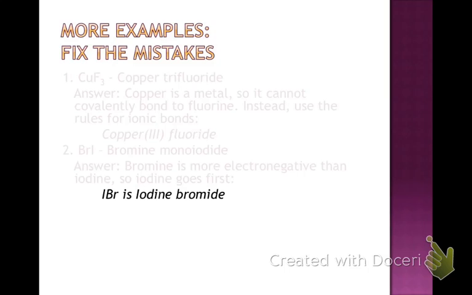Oh, I'm sorry, that should have been iodine monobromide. So we found a mistake in my fixing here. Let's change that. Okay, make that monobromide. And the iodine doesn't need a prefix because there's only one of them, and it's the first element. Bromine is the second element, so it definitely needs a prefix.